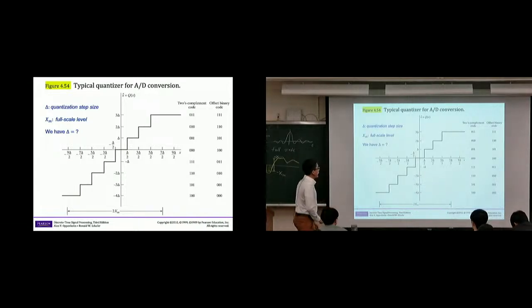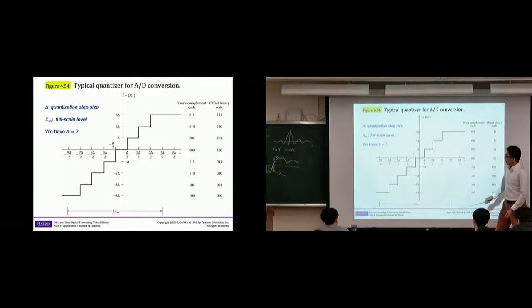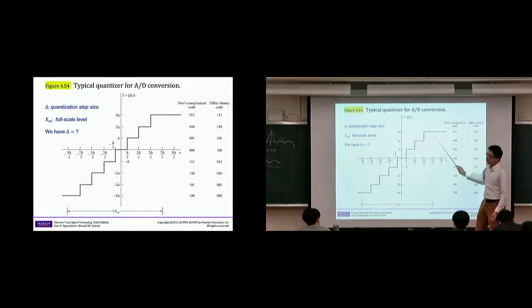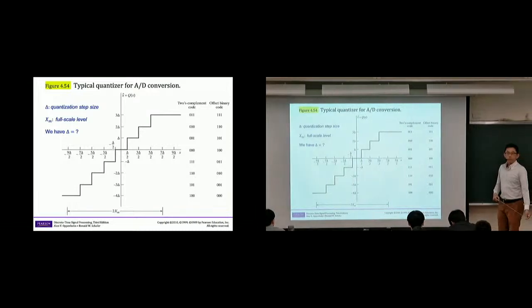So here on the right, first, if you count how many steps there are, what do we have? We have 1 level, 2 levels, 3, 4, 5 in the middle, 6, 7, 8. 8 levels. 8 levels can be represented by 3 bits.